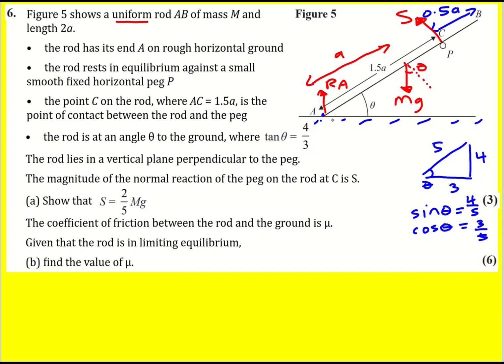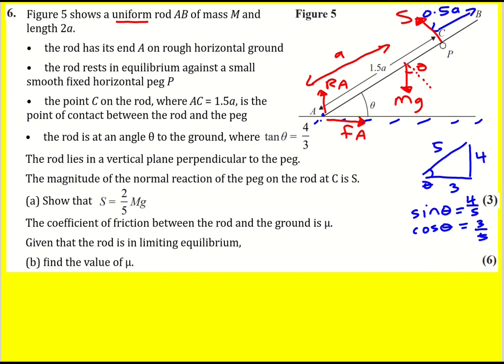It's got to be acting this way. And the reason I know this is that because S is acting partially to the left, and there's no other forces horizontally, it must be acting to the right. Otherwise, it would slip down. So that is going to be capital F, A.